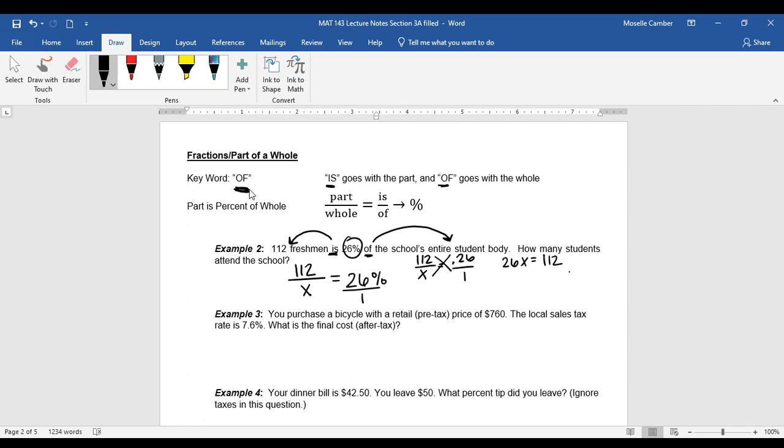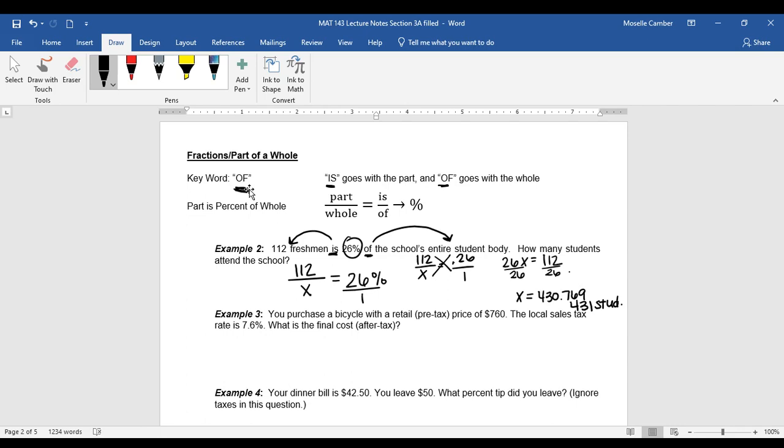And to solve for x, you divide both sides by 26, and you get x equals 430.769. Of course, you can't have a point of a person, so we're going to round that up to say we have 431 students in the school.